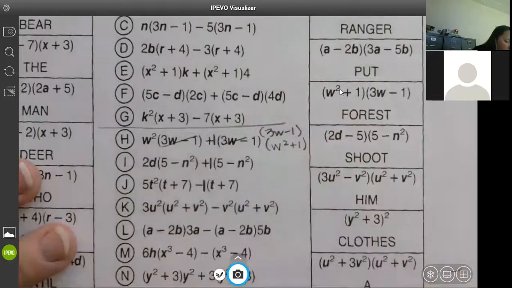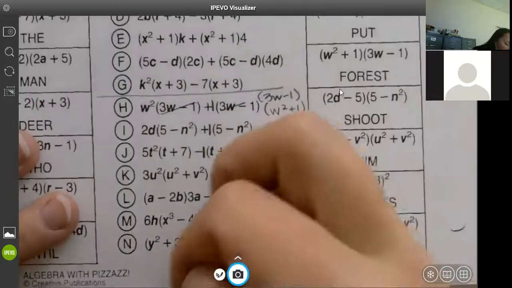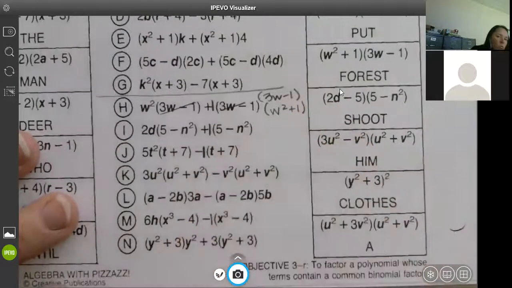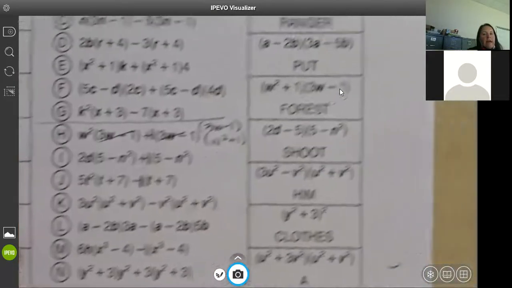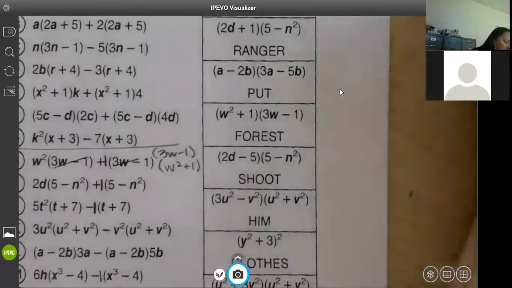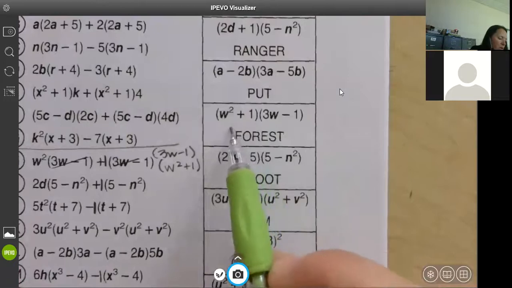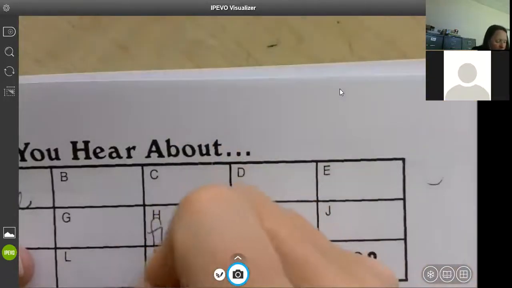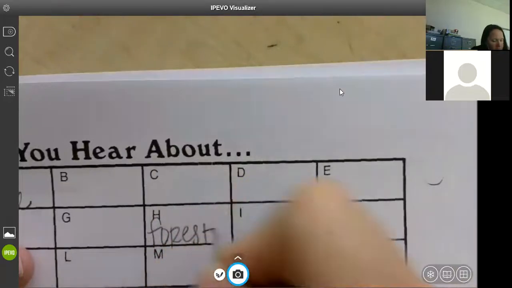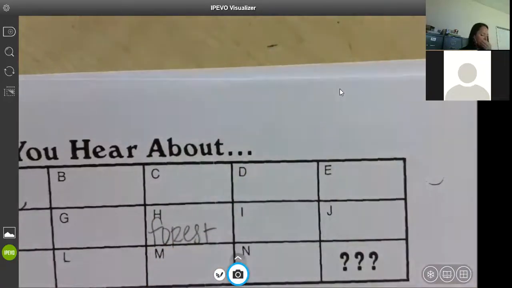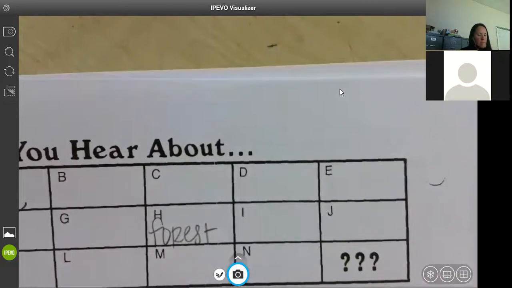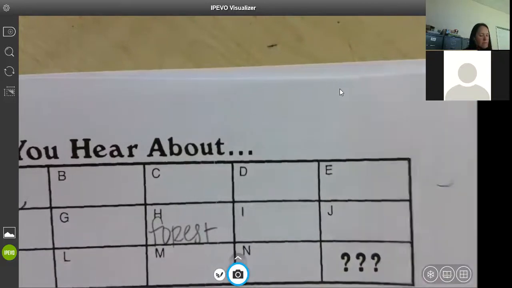On the next one, there's a 1. So just be aware of that. On M, there's a 1. So then on H, it's somewhere over here. So 3w minus 1 is right here, and w squared plus 1. So H at the top is forest. Does everybody understand how that works? Literally take you like 5 minutes. Okay.